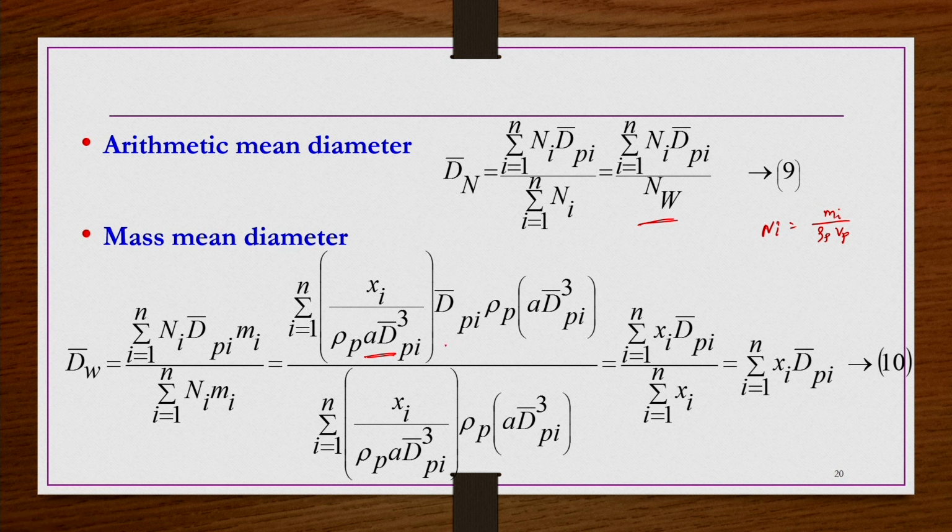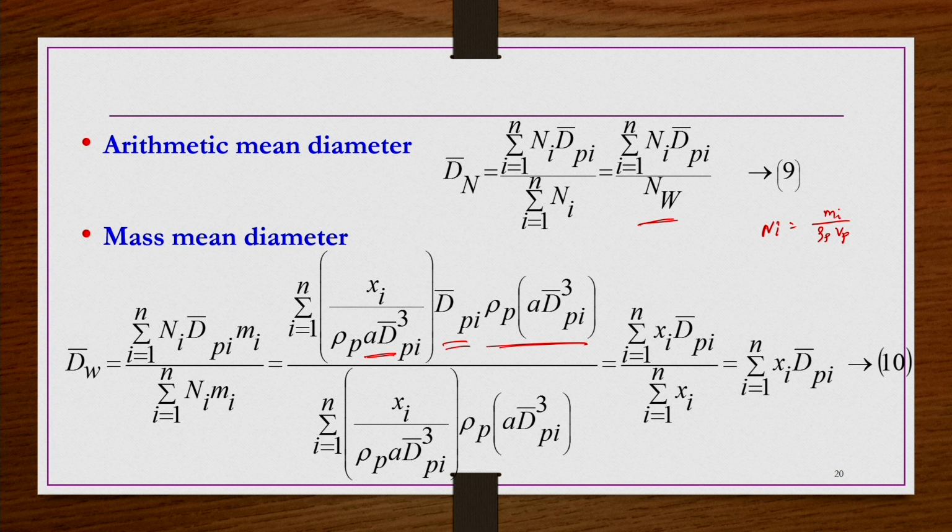And dPi bar is as it is. Mi is nothing but rho p into the volume of the particles in that increment, which is rho p multiplied by A dPi bar cube.